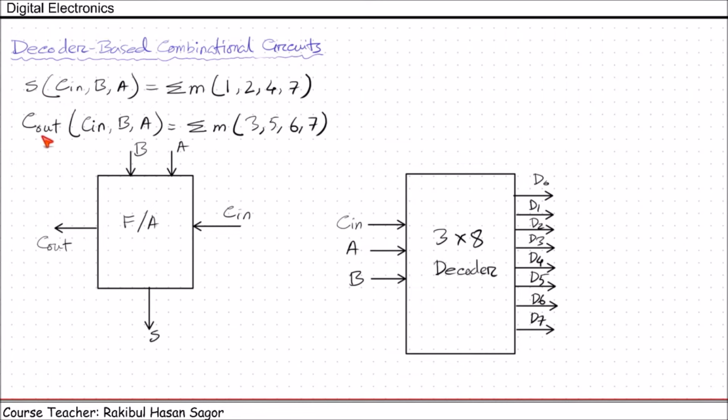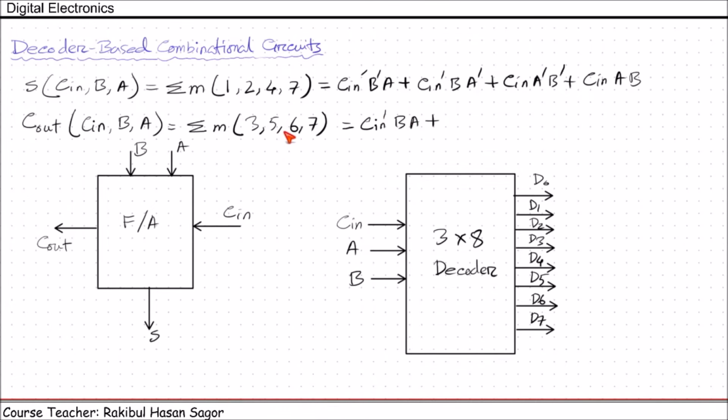Now, if we want to implement this sum function and Cout function using this 3 into 8-bit decoder, as we have in sum of minterms form, we have 1, that means 0, 0, 1, which can be represented by Cin' B' A, plus 2 means 0, 1, 0, Cin' B A', plus 4 means 1, 0, 0, Cin A' B', plus 7 means 1, 1, 1, Cin A B. Again 3 means 0, 1, 1, Cin' B A, plus 5 means 1, 0, 1, Cin B' A, plus Cin B A', plus Cin.